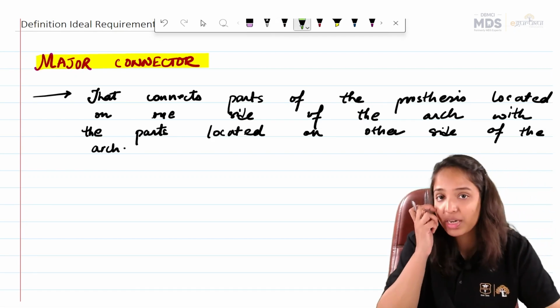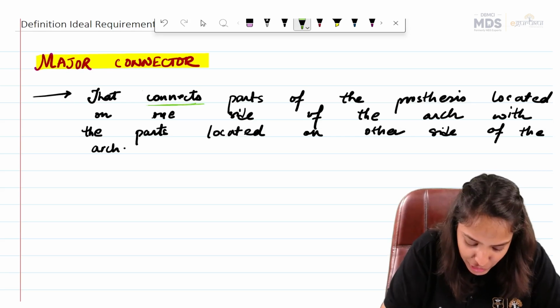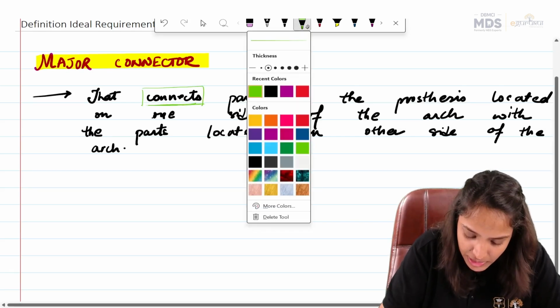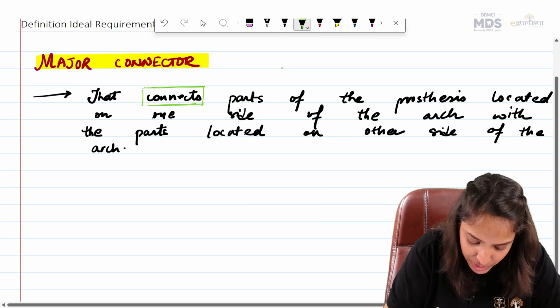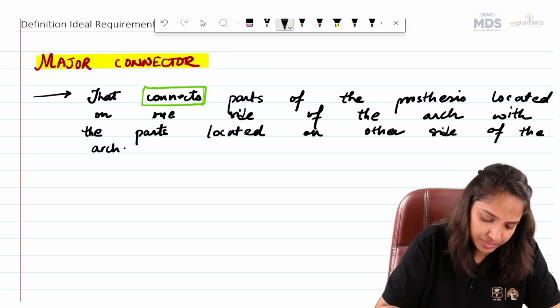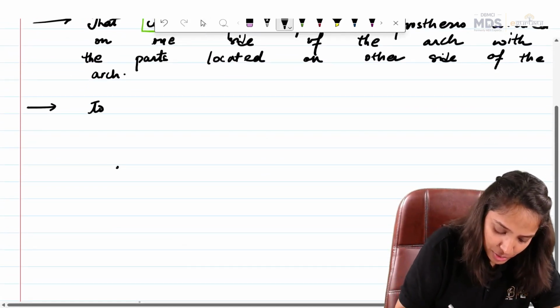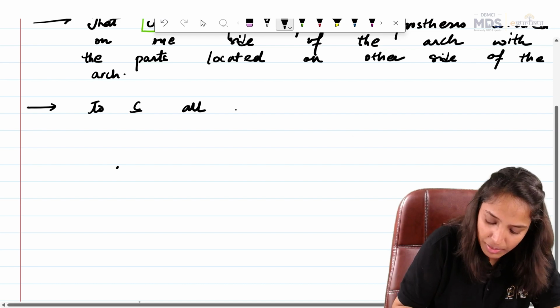So the main part that one must understand is it has the role of connection, as the name suggests. It will connect the components which are located on one half of the arch with the components on the other half of the arch.